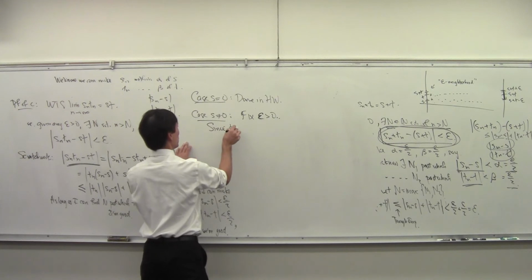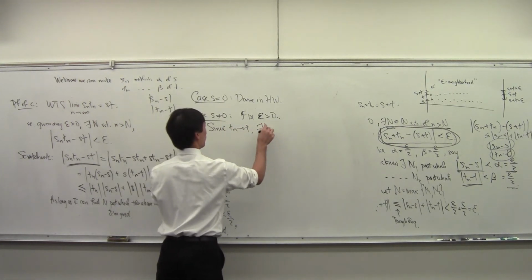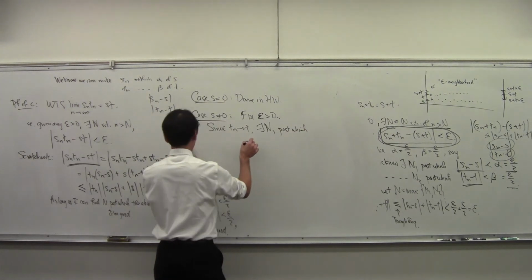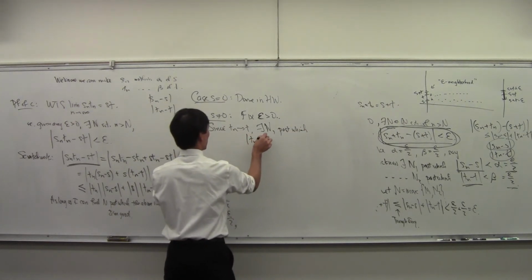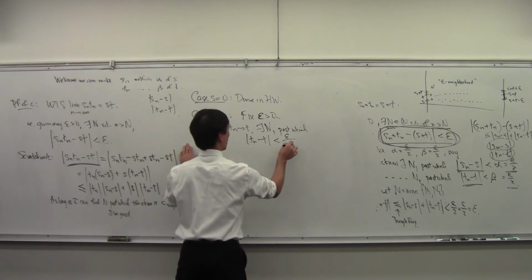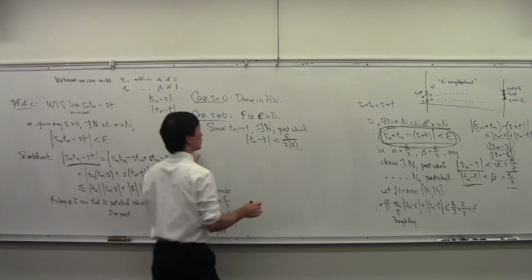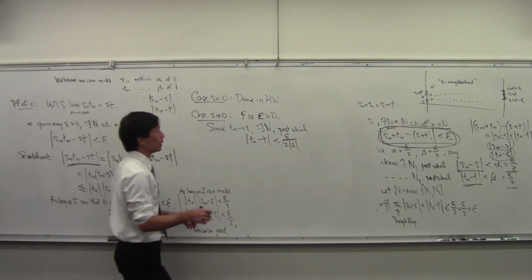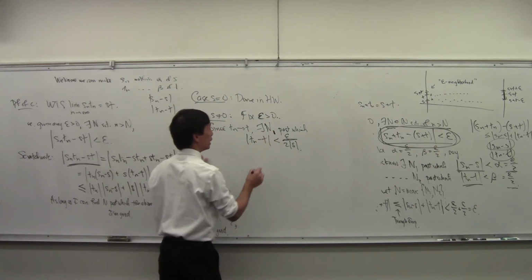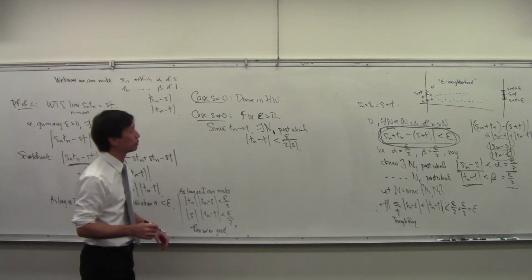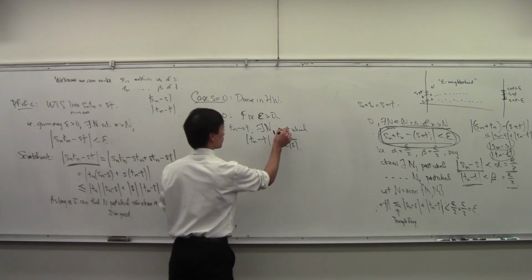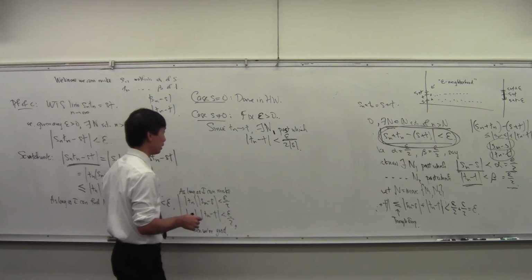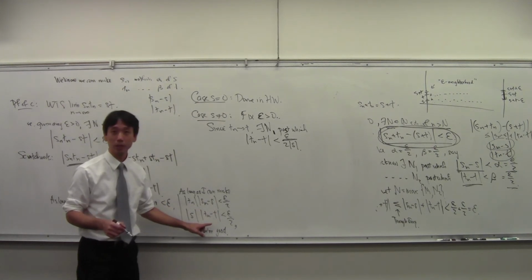Since Tn goes to T, there exists an n1 past which Tn minus T is smaller than epsilon over 2 times the absolute value of S. So that's an n1. There exists an n1 past which. Okay, so that will take care of the second part.